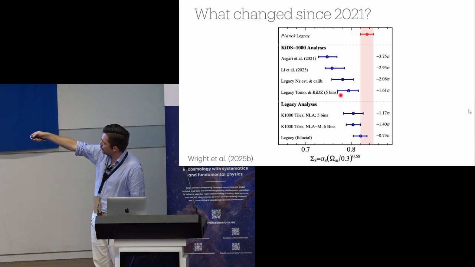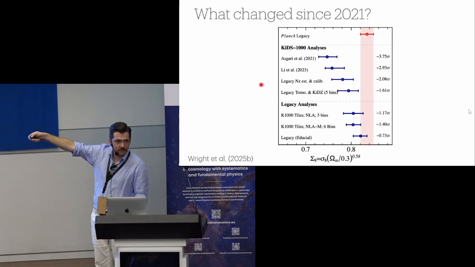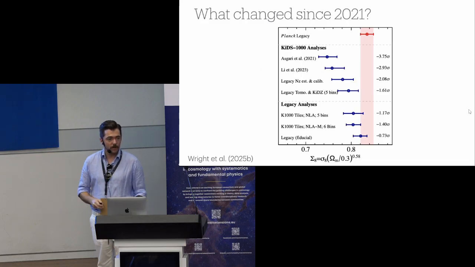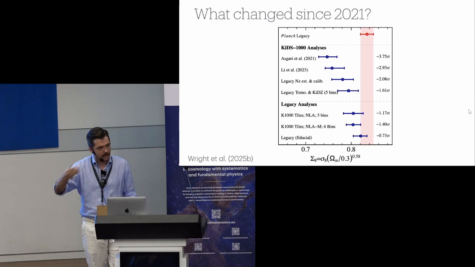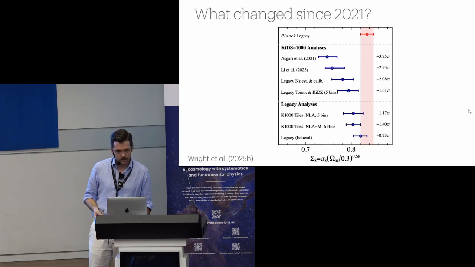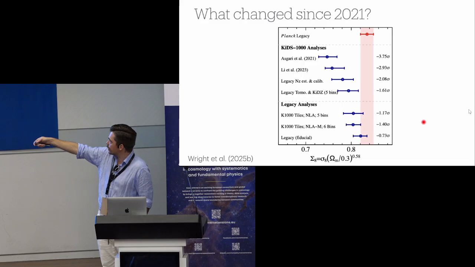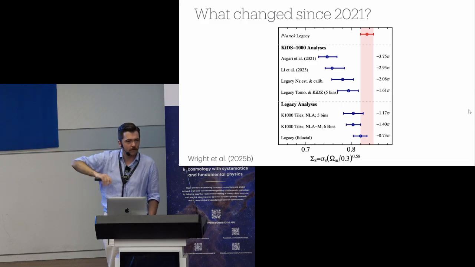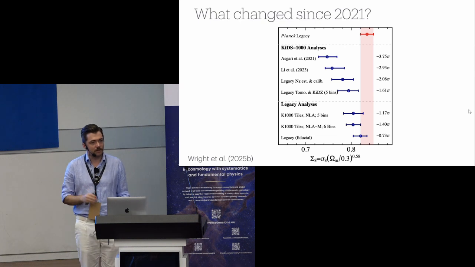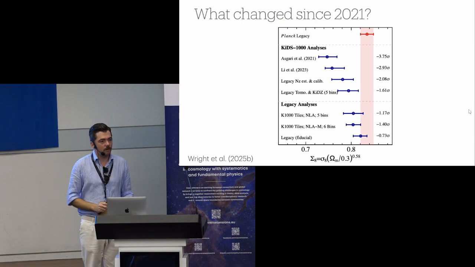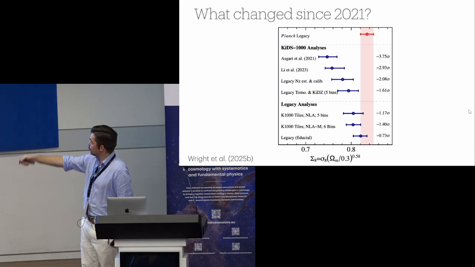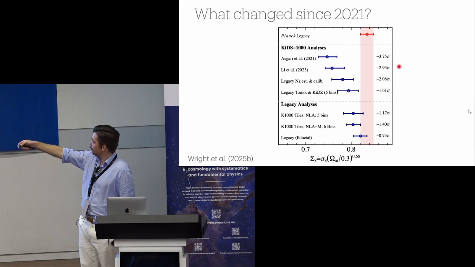These steps here, 1, 2, 3, are basically only changing the n of z, right? So we really are just playing around with how you calculate and calibrate redshift distributions, and that takes you across the crucial threshold, which is 2.3 rather. If that's all you care about, then nominally the only thing you need to do to reconcile KiDS and Planck is to update the estimation of the calibration here.